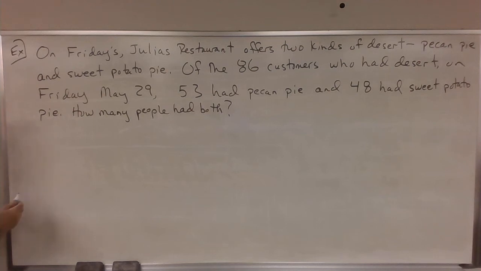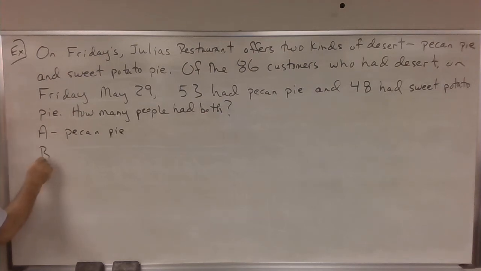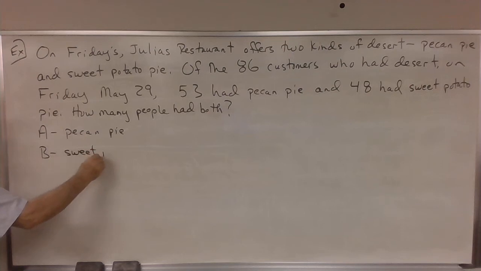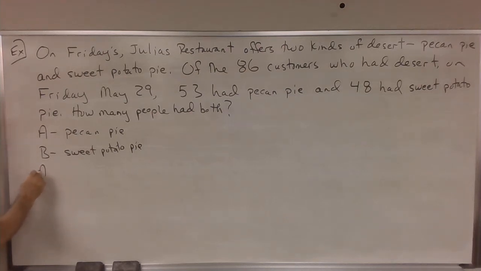So here's what I'll do. I'll let A be the set of people that had pecan pie. We'll let B be the set of people that had sweet potato pie. And so let's see. A union B, what would that be?